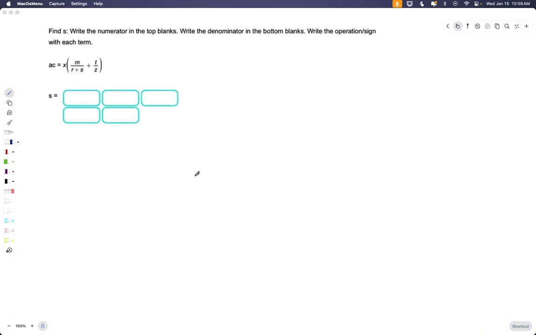All right, again, distributing the x over 1. So AC is equal to mx over r plus s, plus tx over z. Common denominator is z times r plus s. So we multiply everything by that. z times r plus s times AC.